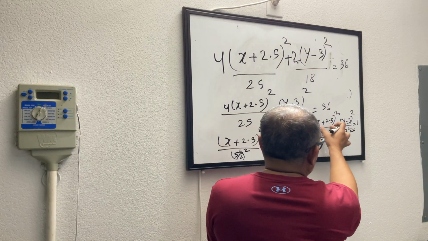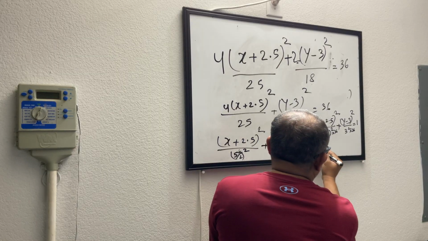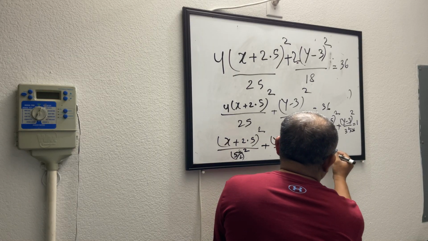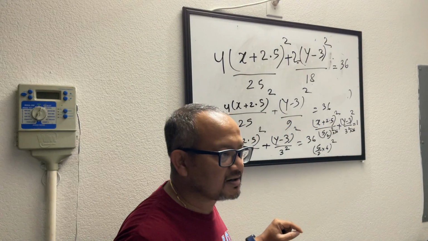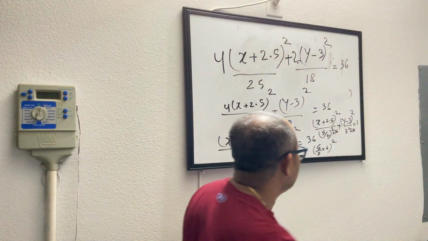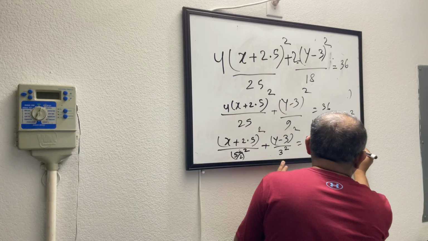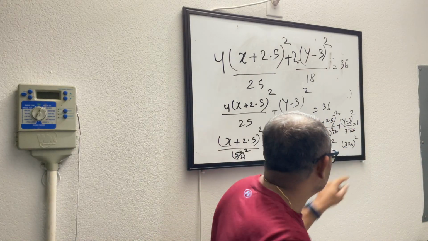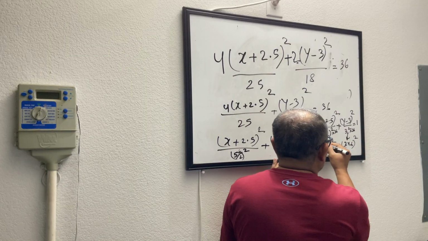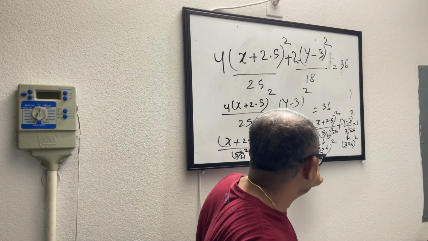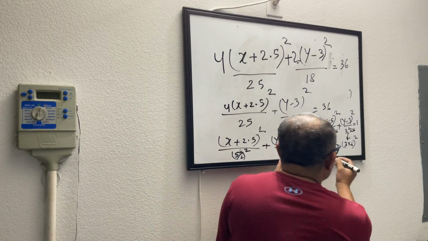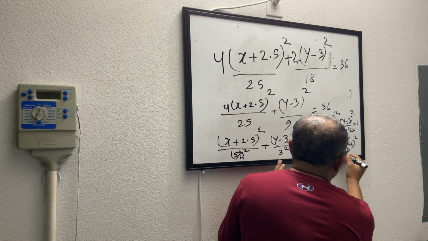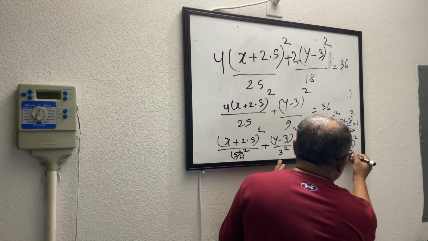Now this part remains the same. Look at the denominators. 5 by 2 into 6 squared, 3 into 6 squared. 5 over 2 into 6 gives you nothing but 15. 3 twos are 6, so 5 into 3, 15 squared, and this is 3 into 6, 18 squared.